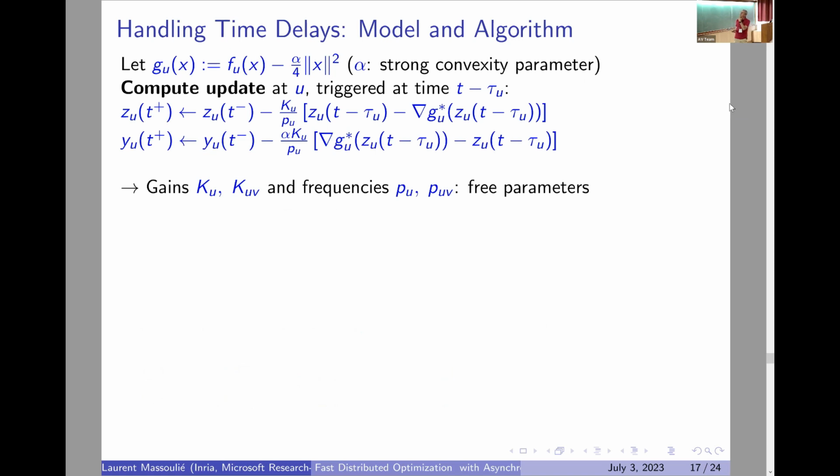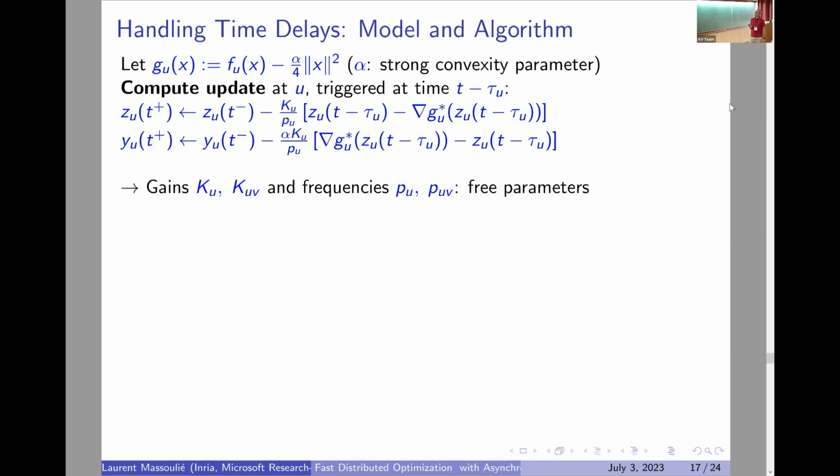And we have a similar kind of logic for compute updates, which is a bit more painful to parse. You have to subtract a bit of strong convexity from your function f_u, then you look at the convex conjugate of that modified function f_u, which is called g_u.